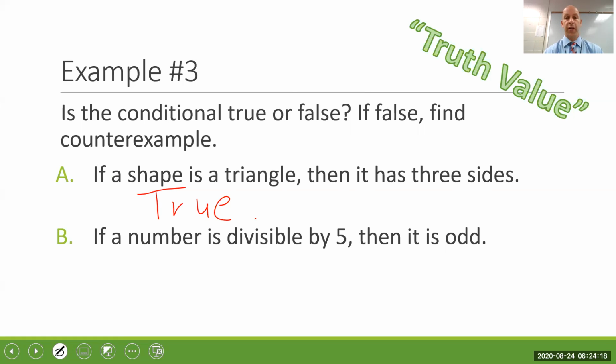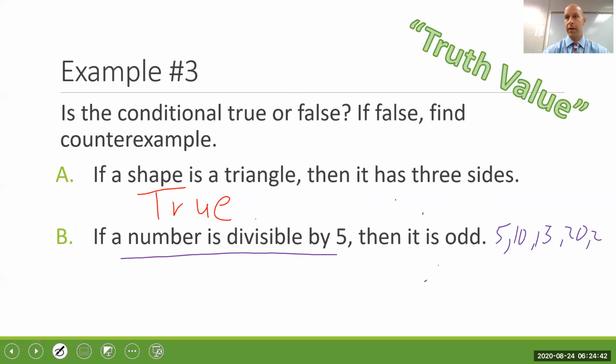Let's see if the second one's true or false. If a number is divisible by 5, then it's odd. Okay, so the hypothesis here is that it has to be divisible by 5. So numbers that are divisible by 5 are numbers like 5, 10, 15, 20, 25. Sorry, guys, I was out of room.